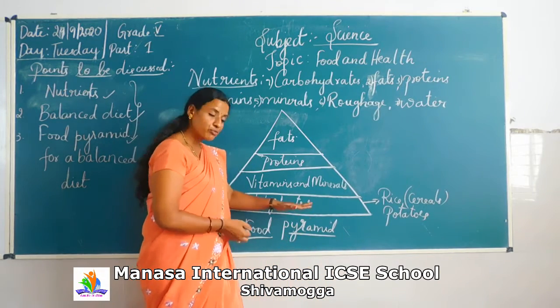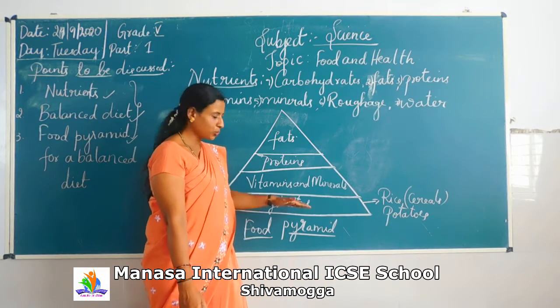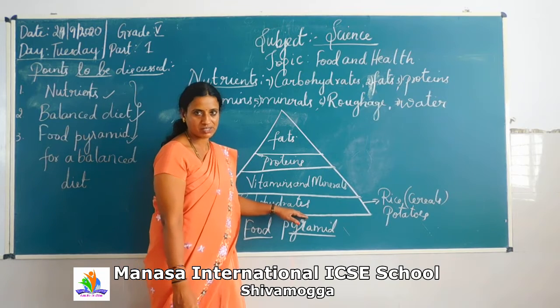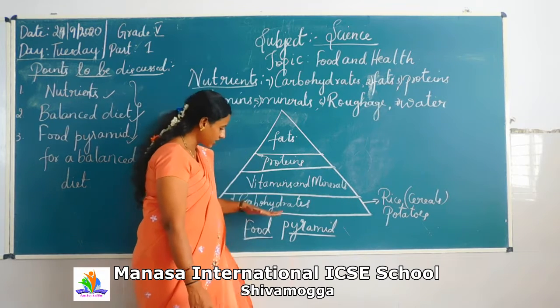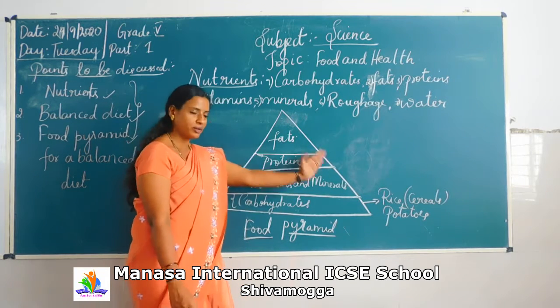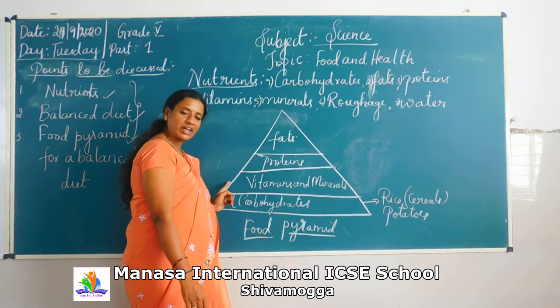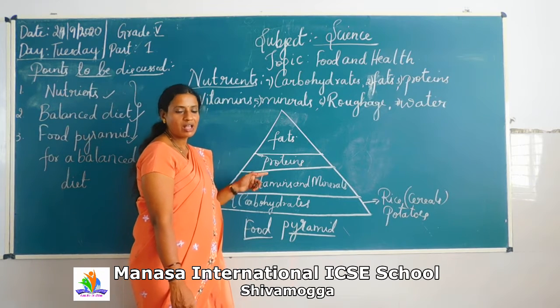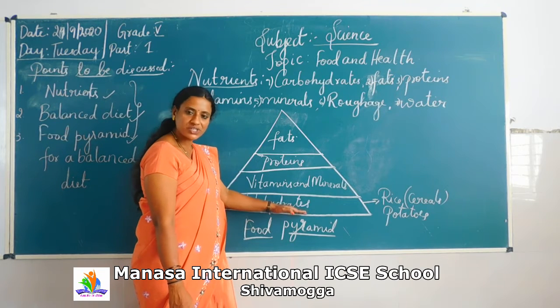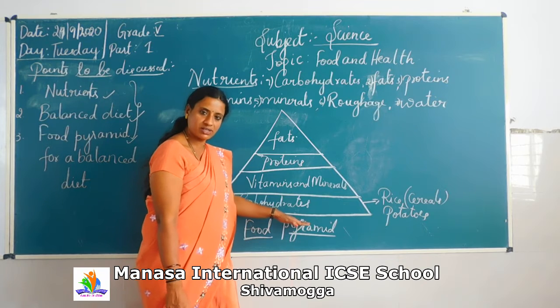So every day we have to consume more carbohydrates. Is it clear? That is why it is taken at the base of this pyramid. In this triangular figure, we have placed carbohydrates at the base.